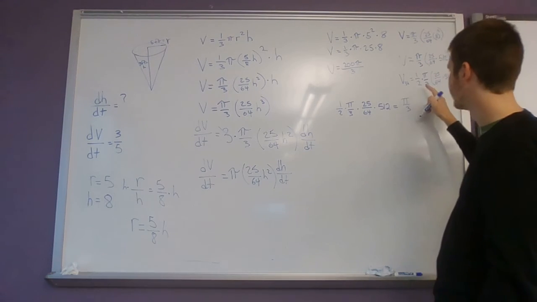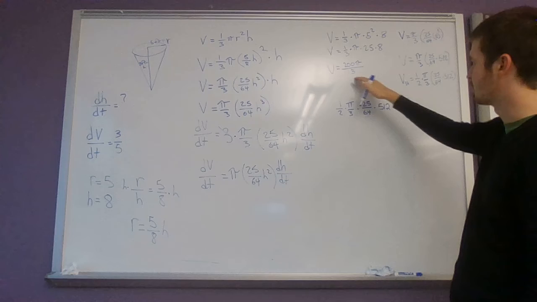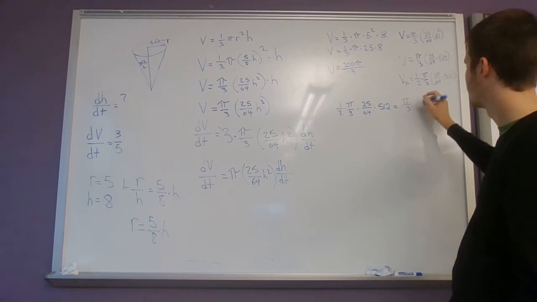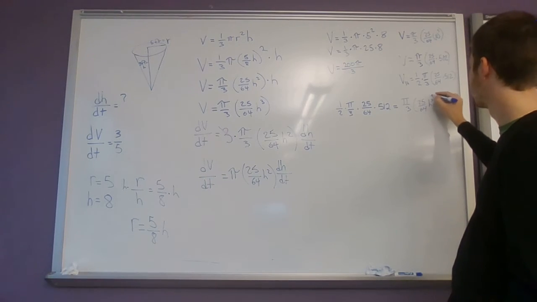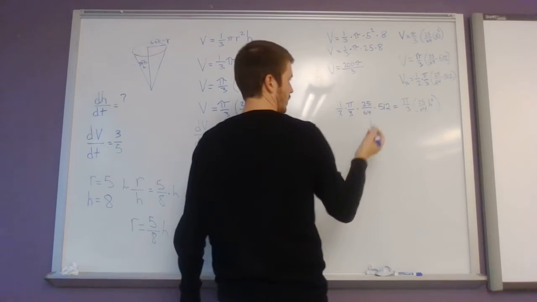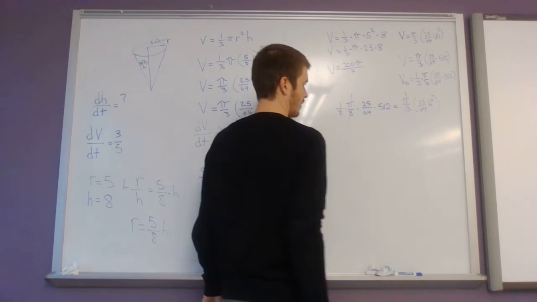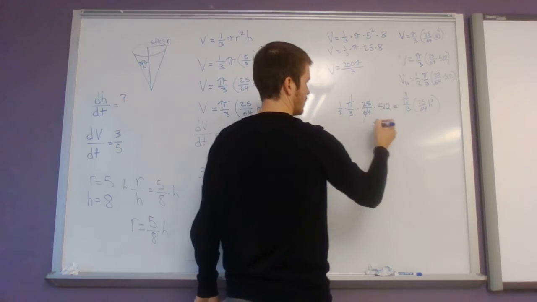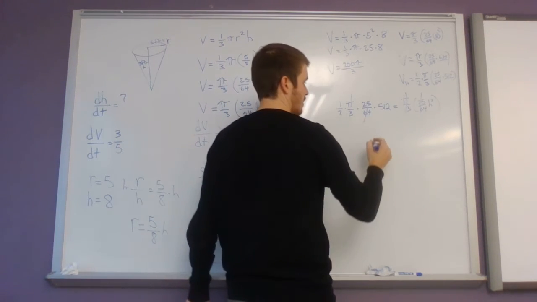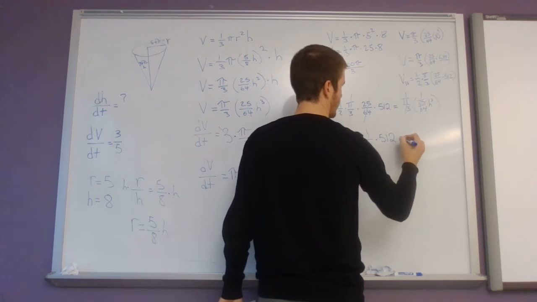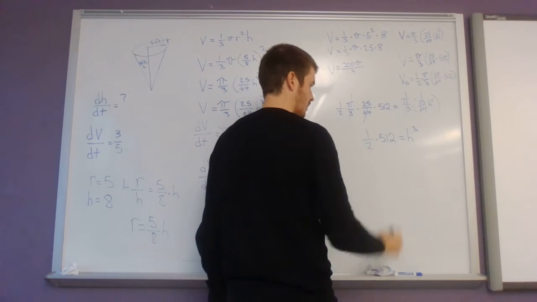And this is where writing it this way will come in handy. Pi over 3 is the same on both sides, so that's gone. 25/64, that's gone. So I'm left with 1/2 times 512 equals h cubed.